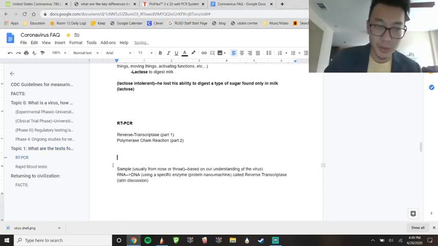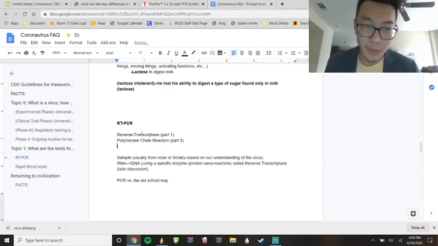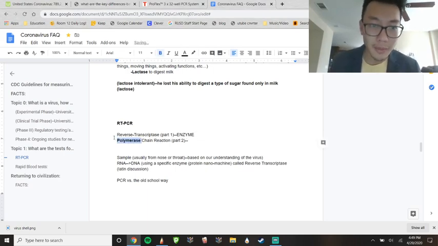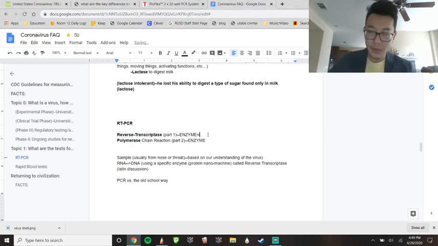We already talked about what those letters mean, but basically reverse transcriptase is an enzyme. And polymerase, bold that part, is another enzyme. What does this first enzyme do? It converts RNA into DNA.